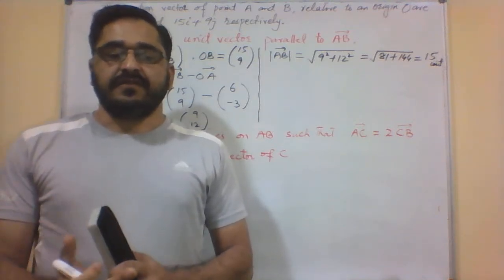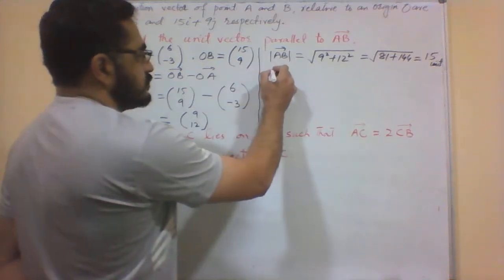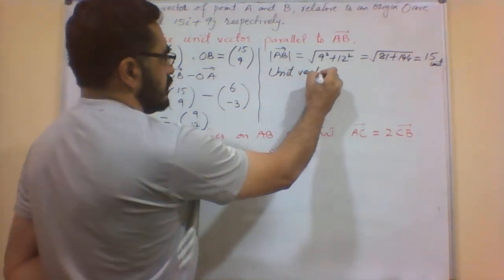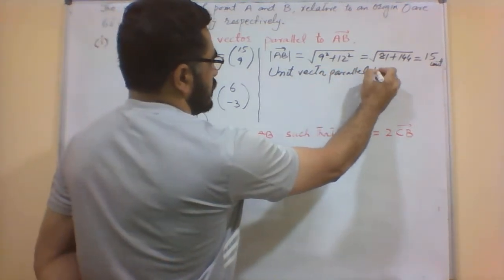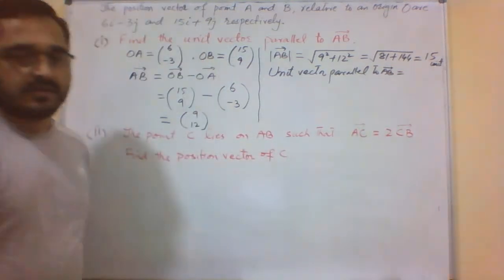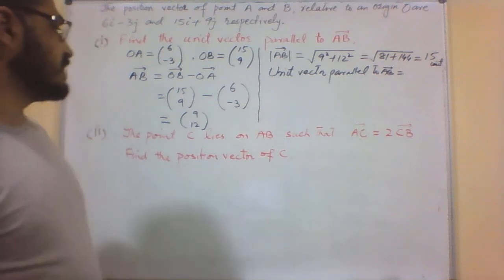Now we will find the unit vector parallel to AB. For a unit vector, as I already told you, it is the vector divided by its magnitude.